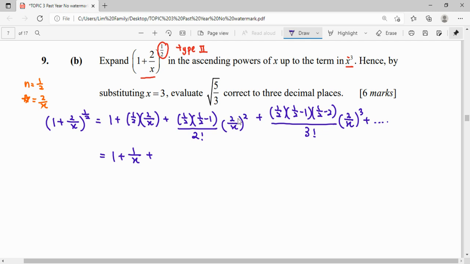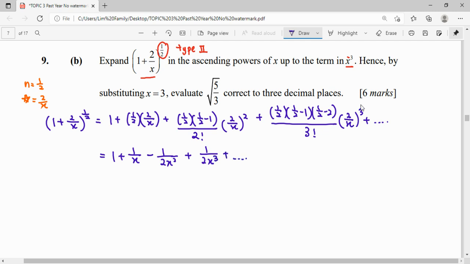So we get our coefficient, which is negative 1 over 2. At the same time, the x is at the denominator and it has to be squared, so x squared at the denominator. Continue, press for this, and we'll get our value 1 over 2, and our x is at the denominator and cubed.